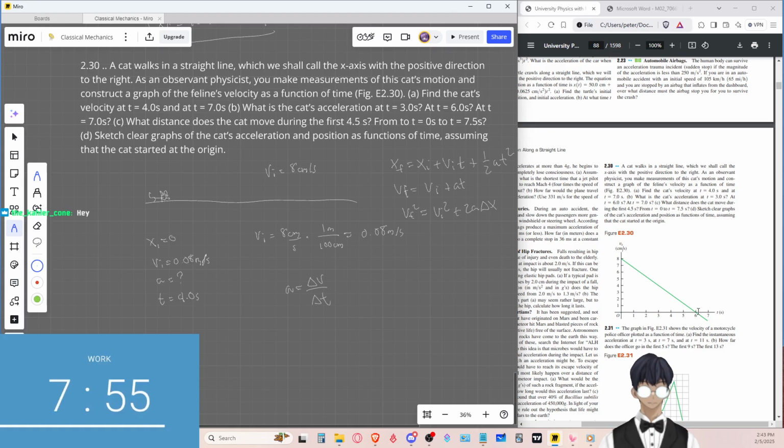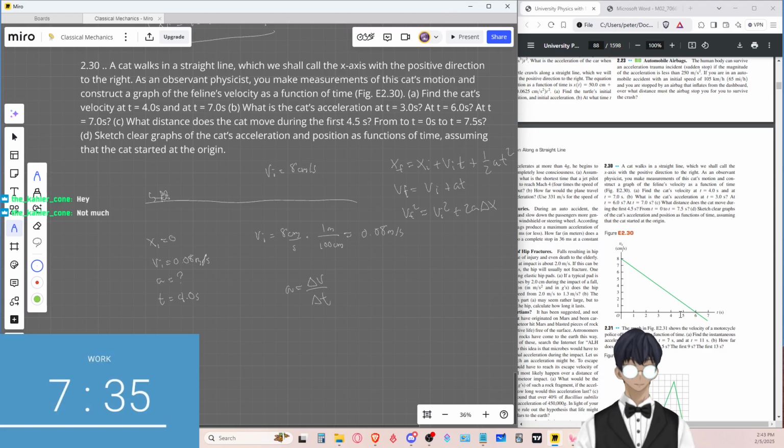What am I missing? Because the velocity is 0 when it gets to 6 seconds. So that means that the cat isn't moving at all. So if the velocity is 0, then we could try to figure out what we get for 6 seconds.